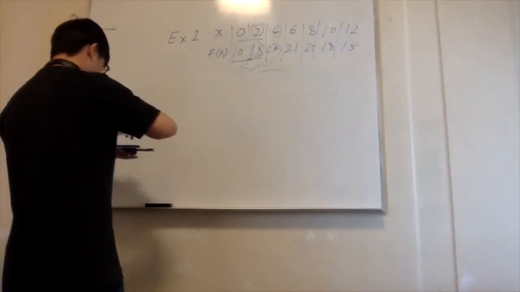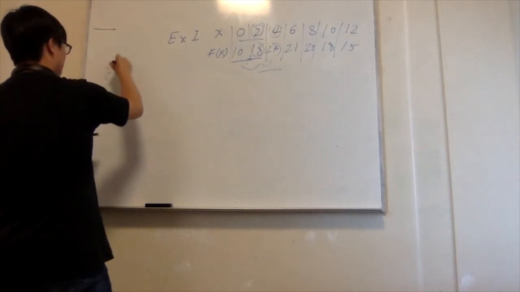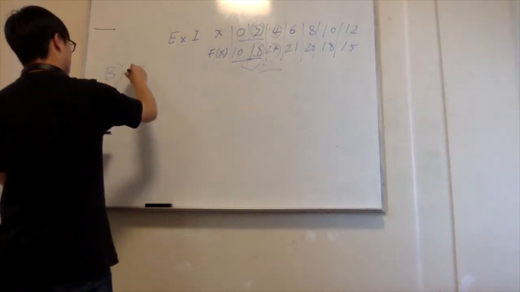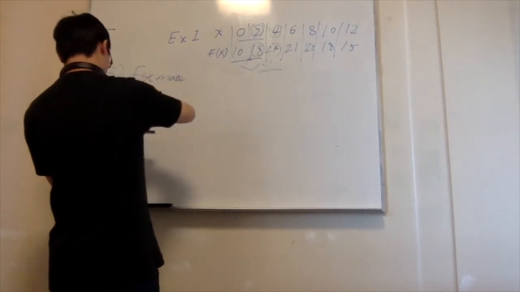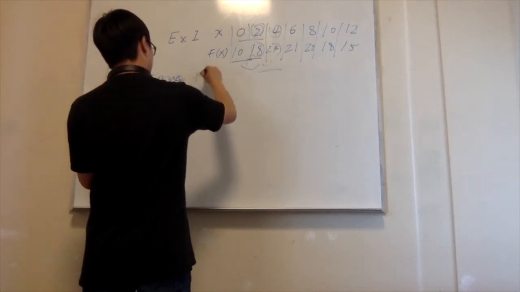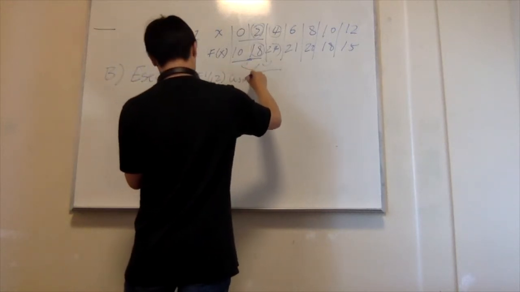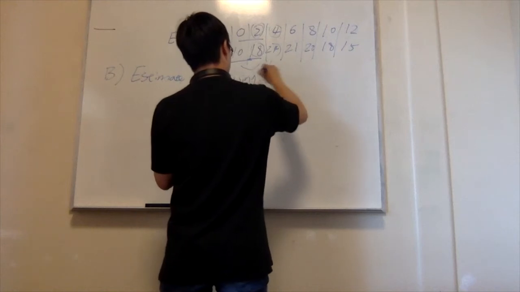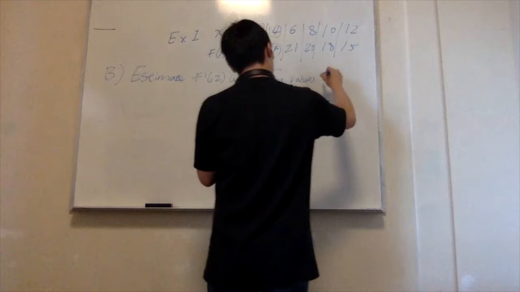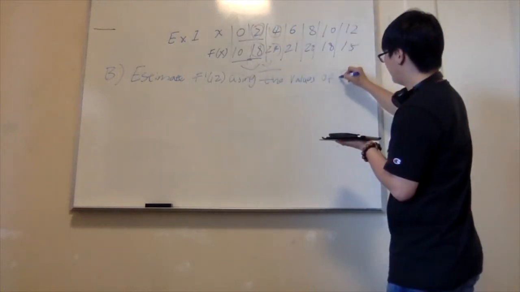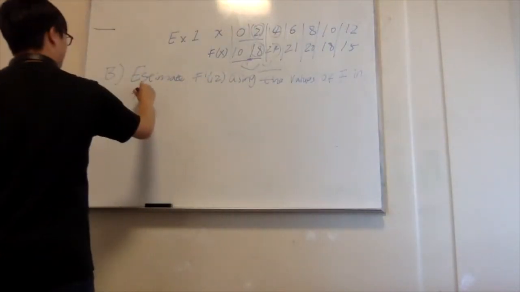Okay, B: estimate f prime of 12 using the values of f in the table.